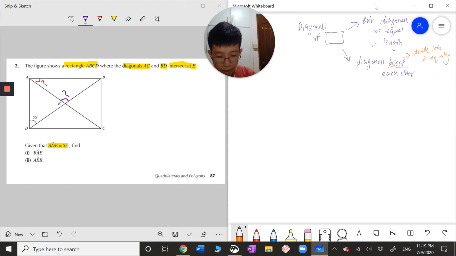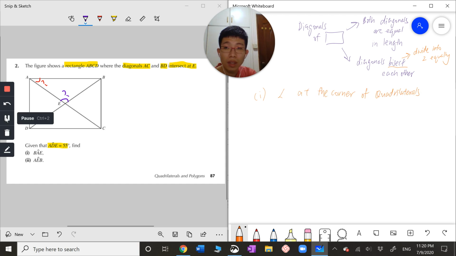So part 1, let me label part 1 first. Whenever I see any angles at the corner of a rectangle or square, I'll try to make use of the right angle property of a rectangle. So let me write down rectangle.